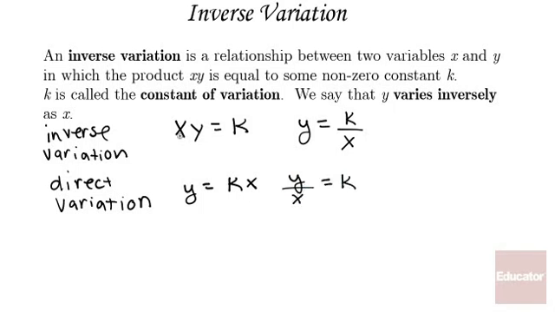So you see in this inverse variation situation, the product of x and y equals k. In direct variation, the quotient y divided by x equals k. So both of these describe relationships between two variables. However, it's a much different relationship.